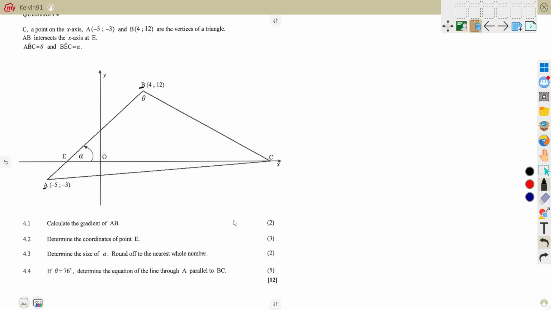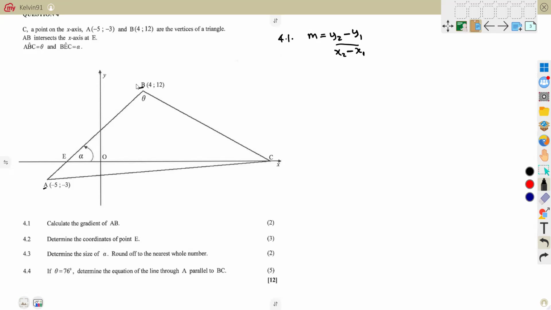So it means the gradient of AB for question 4.1. We are going to copy the gradient formula. Gradient is equal to y2 minus y1 over x2 minus x1.